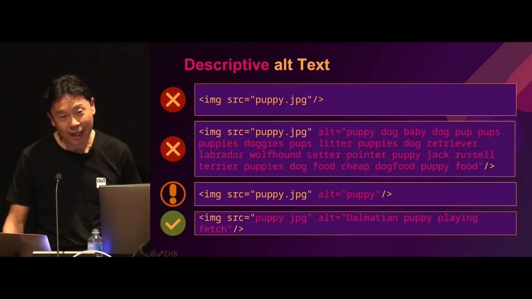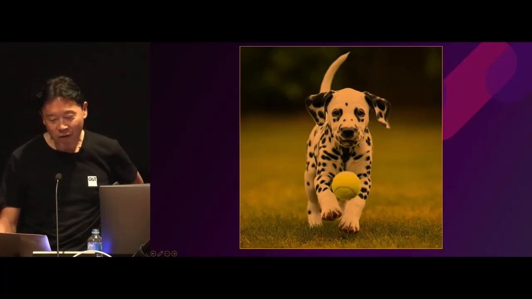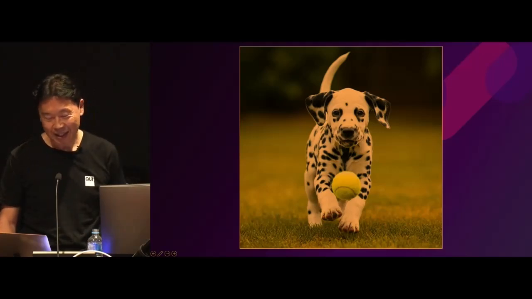But what if I say Dalmatian puppy playing fetch? Okay, open your eyes, please. Now I expect everyone here has a pretty similar image in mind, like the puppy on the slide. That's the power of descriptive alt text.